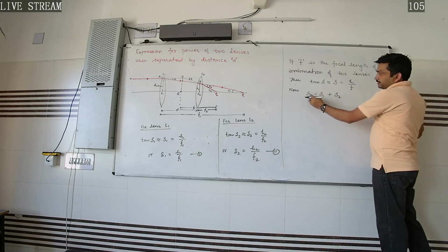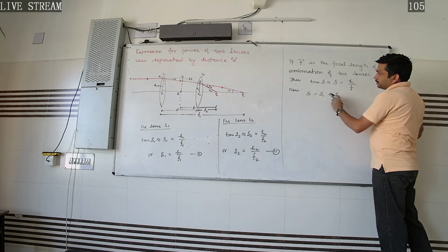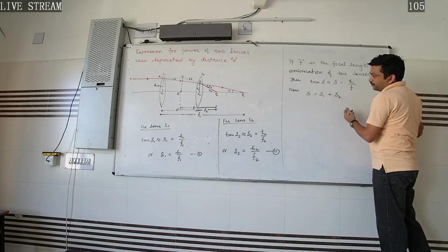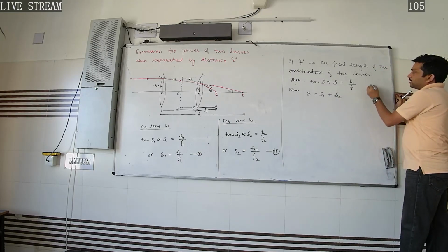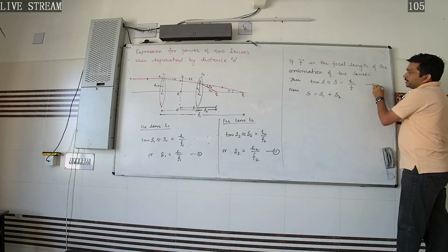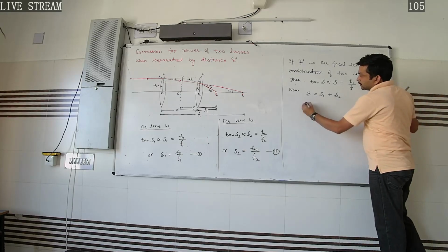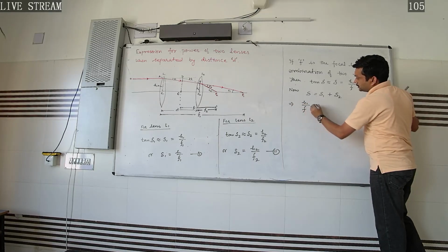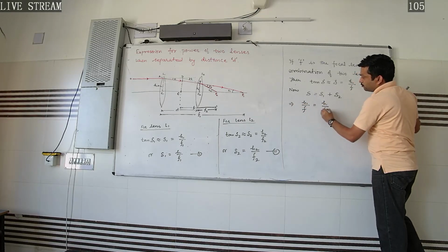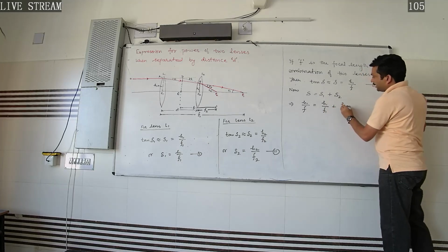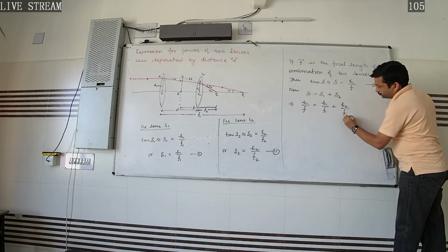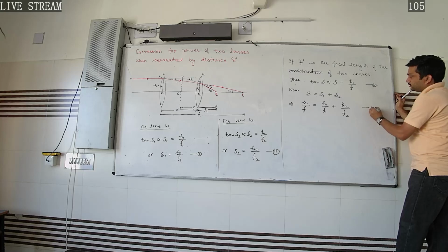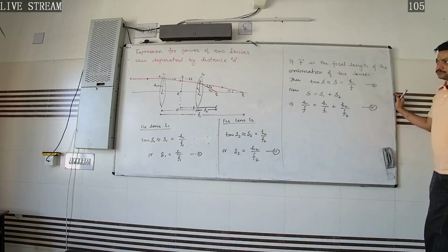So, if delta is equal to delta 1 plus delta 2, then putting the values, let this be equation number 3. So what we get here, which implies H1 over F is equal to H1 over F1 plus H2 over F2 in this way. Let this be equation number 4.